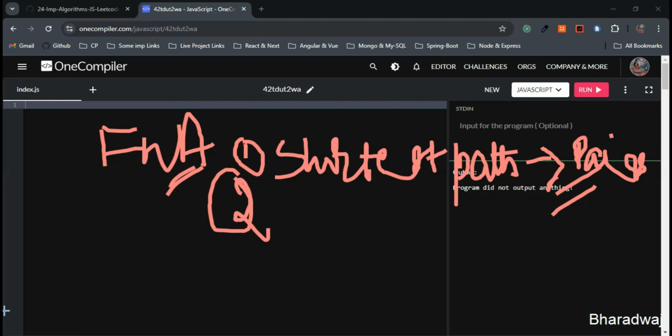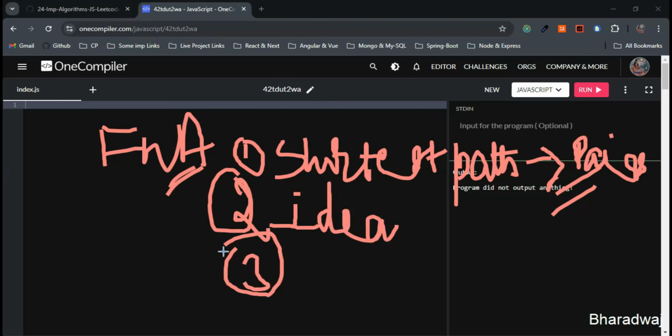If we have already got the shortest path between the two vertices, and we know the path, and from the center vertex we are able to find a shorter path between the two vertices, in this case the Floyd-Warshall algorithm will be very handy. This is why this algorithm is mainly used. This is the idea behind Floyd-Warshall algorithm.